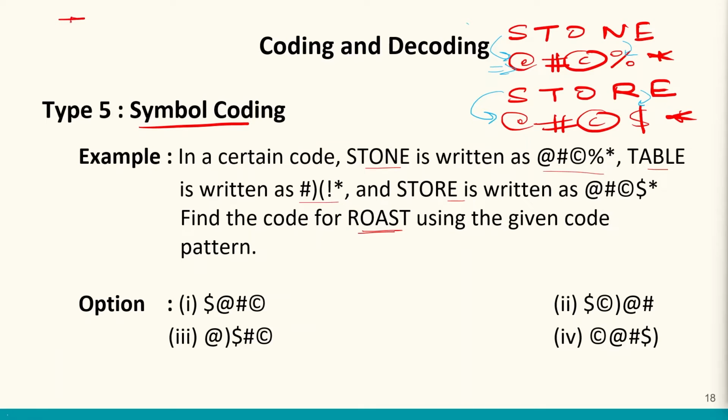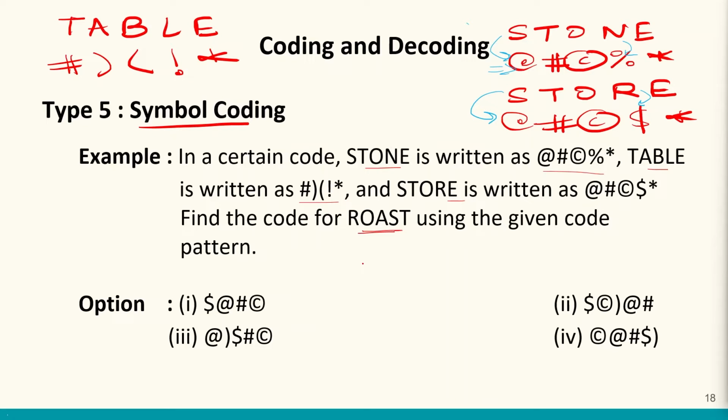Similarly, table is coded as this. Okay, so now I have to find the code for roast.